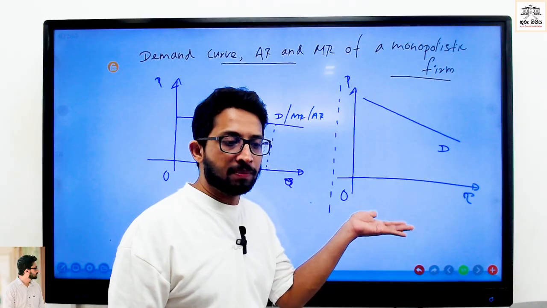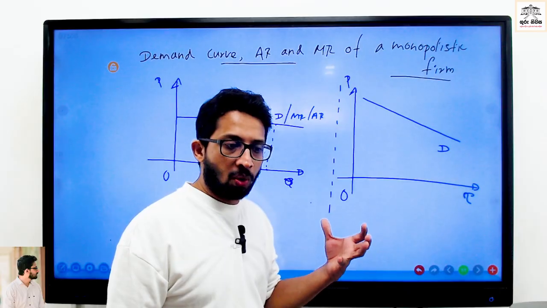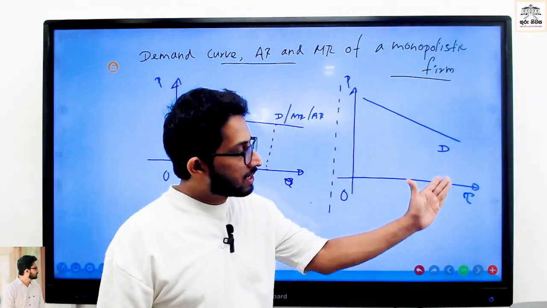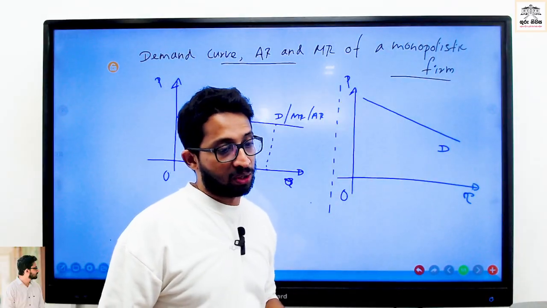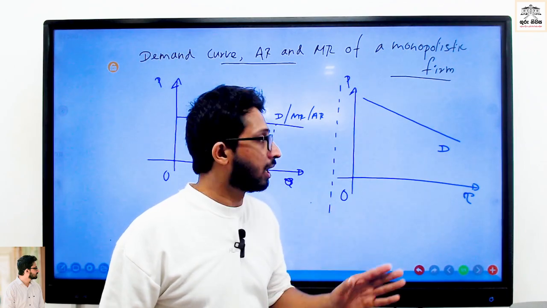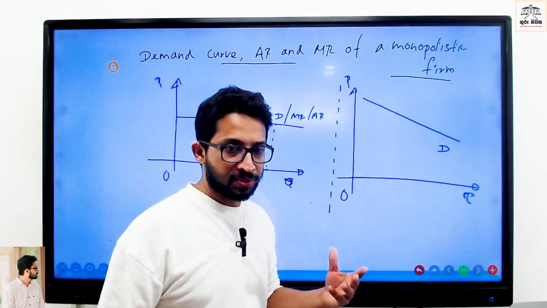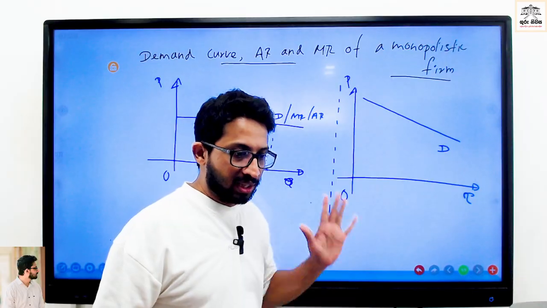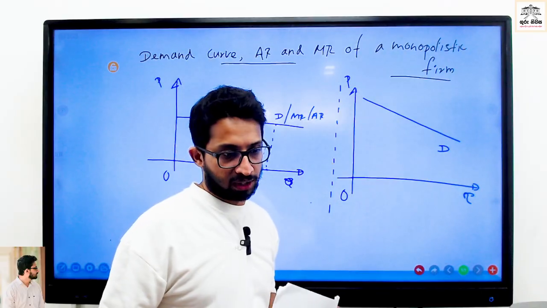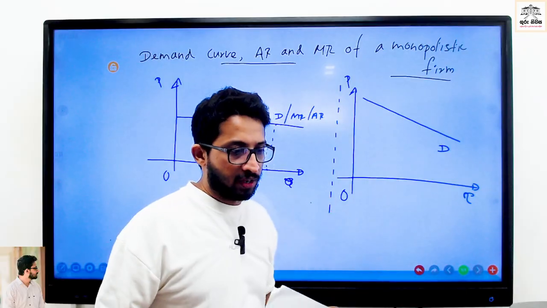If the firm can decide its own price for the product, that firm has a normal downward sloping demand curve. Remember, I'm not talking about the market demand curve, Lama. But in the monopoly, the market demand curve and the individual firm's demand curve are the same. But here my point is, I'm explaining the individual firm's demand curve.